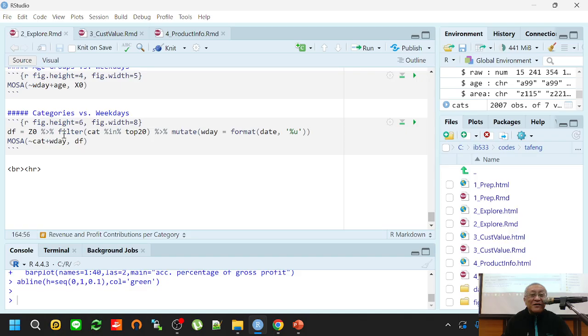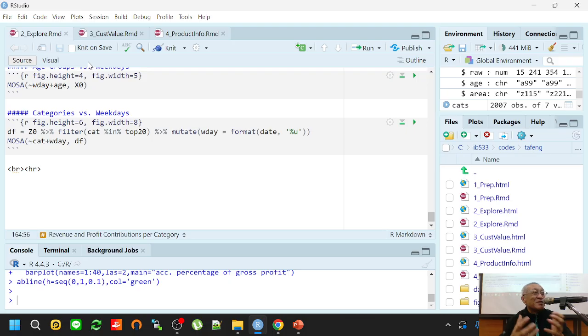Okay, so this is all about notebook 2. In this notebook, we go through a few tools that help you do the comparison within the different customer groups, right?